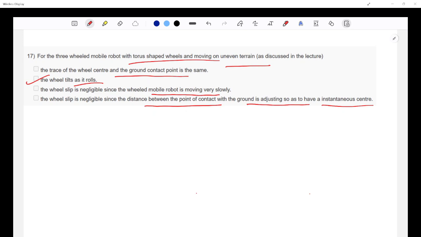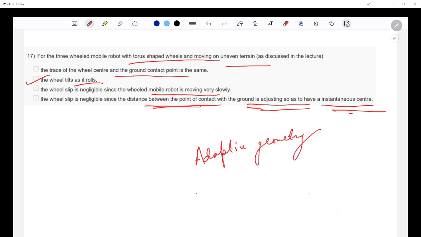The fourth option, that wheel slip is negligible since the distance between the points of contact with the ground is adjusting so as to have an instantaneous center, is true. Adaptive geometry gives a consistent ICR, though it is changing. There is no mismatch and no slip. This is the whole purpose of this design, so this is also correct.